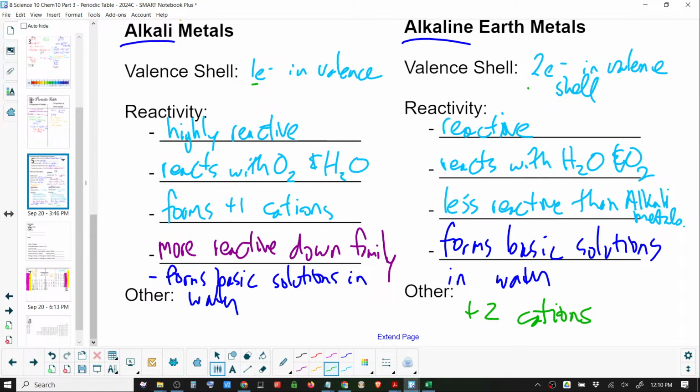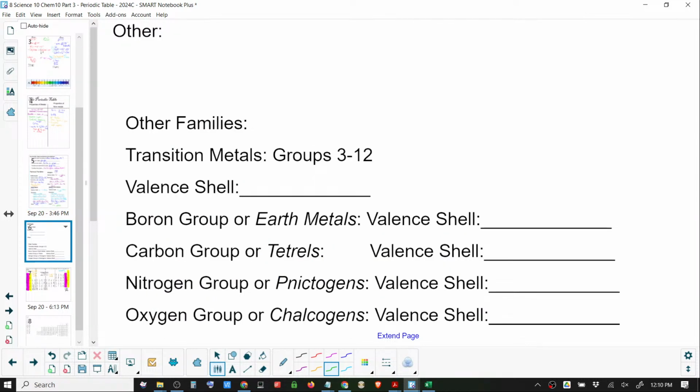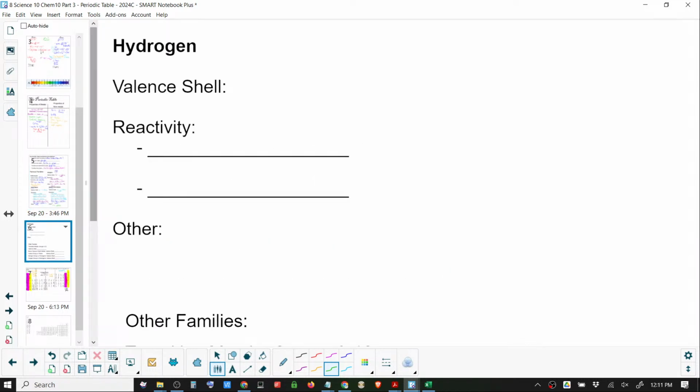Okay, so that was the metals, halogens, and then there's the last one. In one sense, the saddest one. Unique among the elements, hydrogen. It is its own family. How many electrons in its valence shell? One electron. And that's like the alkali metals.